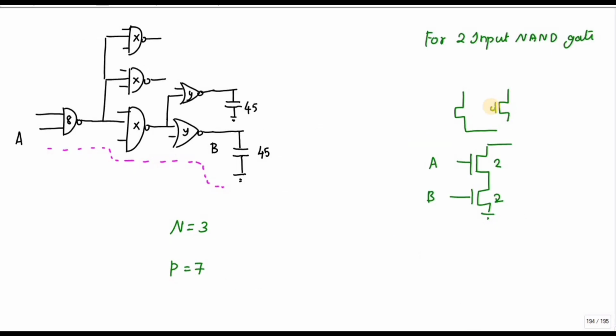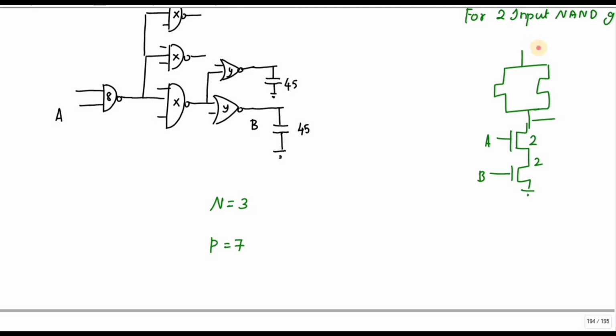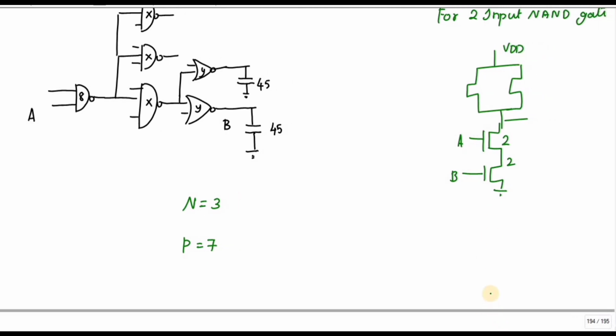If we see the 2-input NAND gate with inputs A and B, you have to give 1 for NMOS, and since these two transistors are in series, you have to give the value as 2. This is my PMOS, and for PMOS it is 2. This is my output.